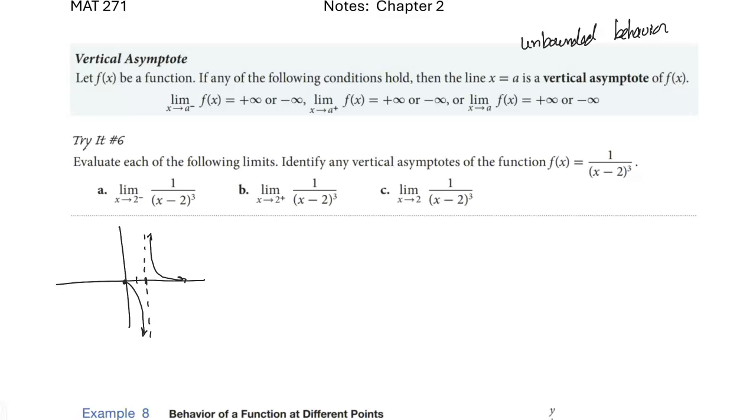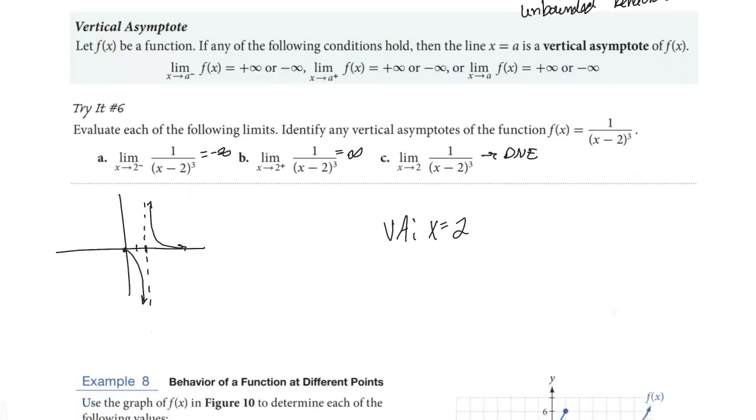So if I look at what's happening from the left, this guy is heading to negative infinity. If I look at what's happening from the right, it's heading to positive infinity. This guy would not exist because they're unbounded in different behaviors. But what we know is that we have a vertical asymptote at x equals 2 because of that unbounded behavior.